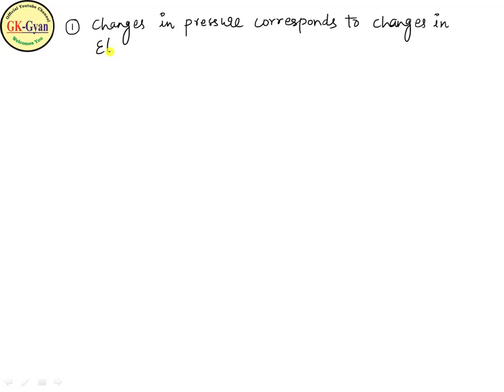The first one: changes in pressure correspond to changes in elevation. So if there is a change in the z direction, this vertical z direction, this will be x, this vertical height is called the elevation.